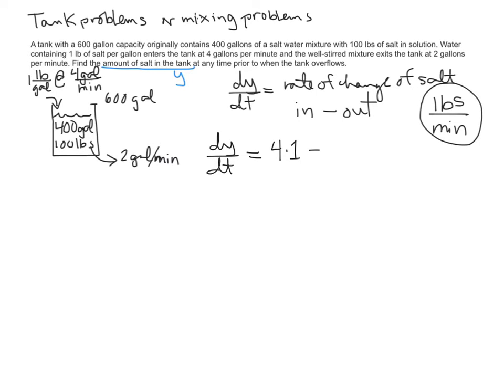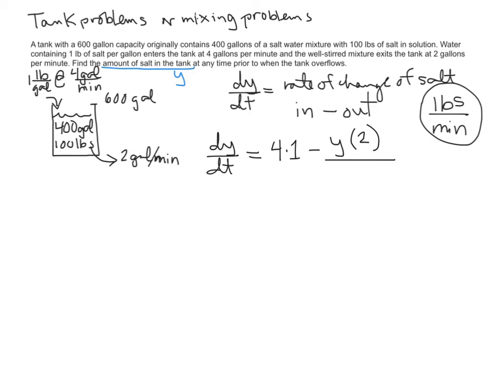Now this is something, again, that I just sort of memorize. Every once in a while I forget, and I'll tell you how I remember when I do forget. We need the variable y in there. So this is going to be y times the gallons per minute going out, so that's a rate going out, divided by the volume in the tank.